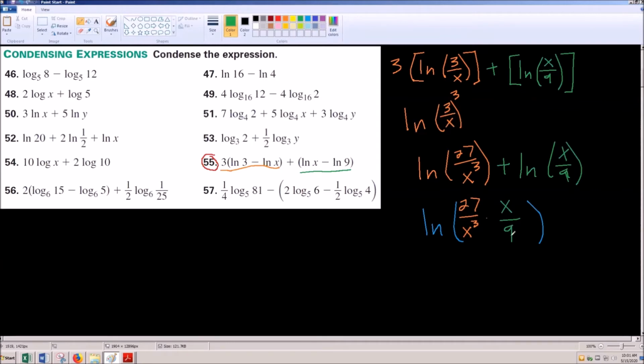So the 27 and the 9 are going to cancel off. This is going to leave me with a 3 on top. And then I've got x to the third and x here. It's going to cancel off. It's going to leave me with x squared on the bottom. So my final answer here is going to be natural log of 3 over x squared. And I'm good to go.